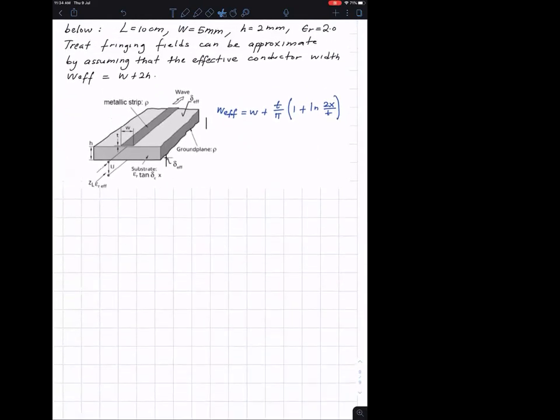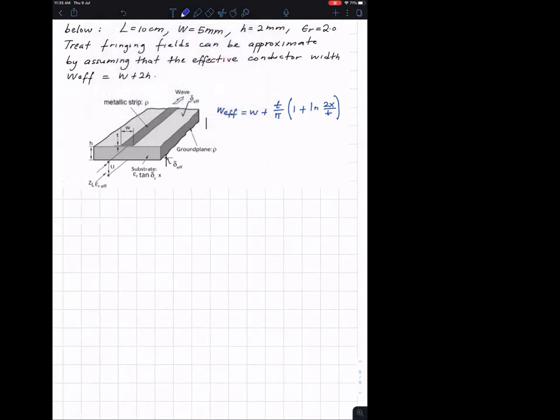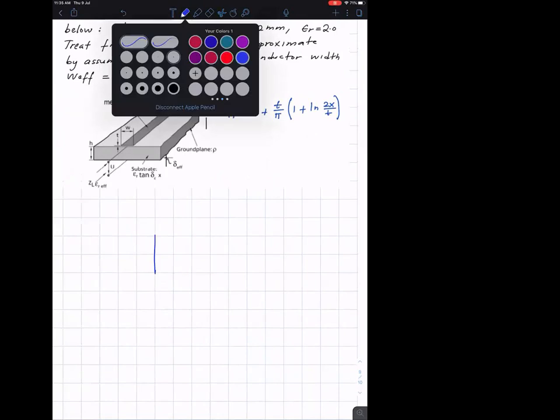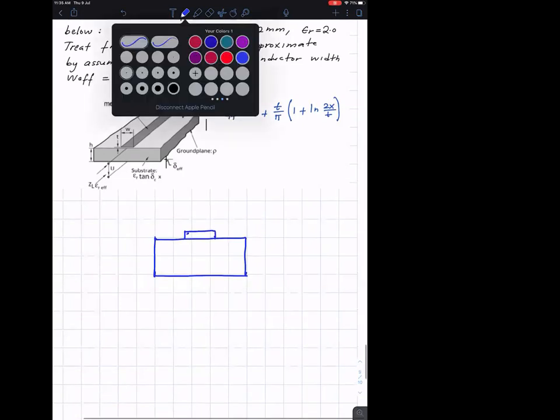If you look, okay, this is your trace. Use brown for trace.